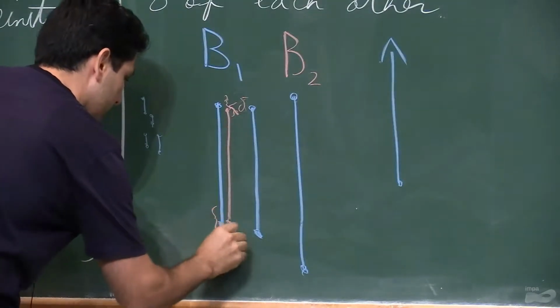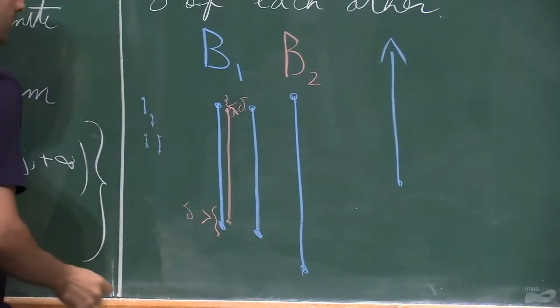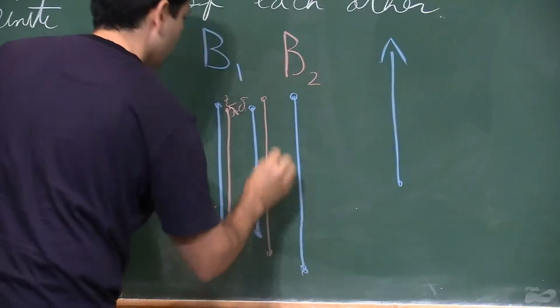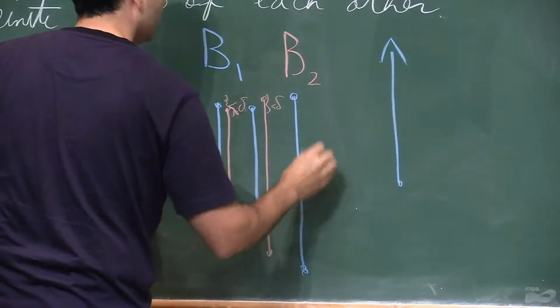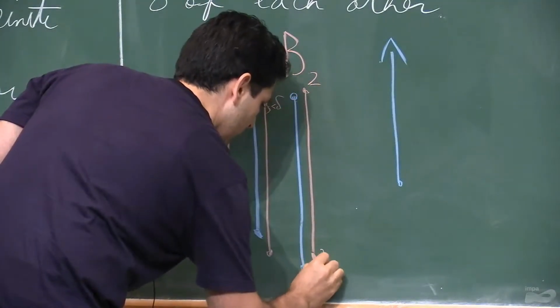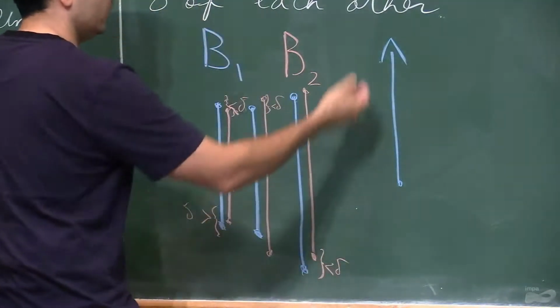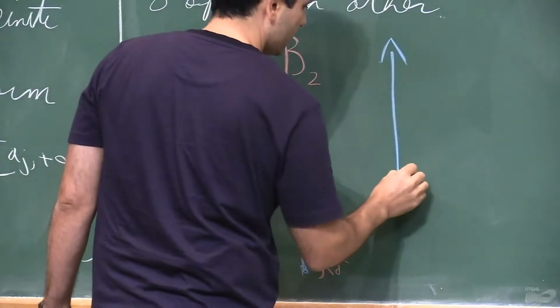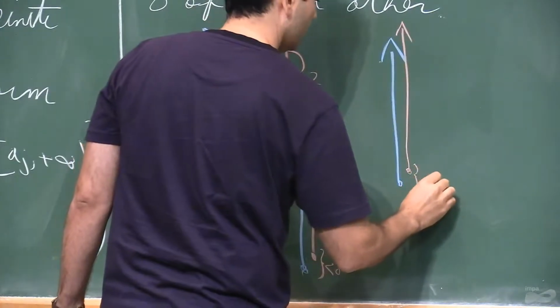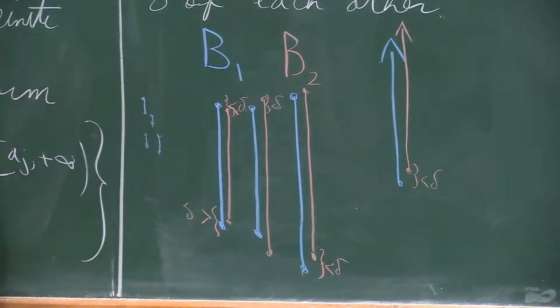And this distance is also less than delta. I need another one here, so it could be like this. Again, shorter than delta. Another one over here. And then I need one half infinite bar here, whose endpoint, again, has to be within delta of the endpoint of the other bar. Okay? So it's quite a natural notion, easy to understand.